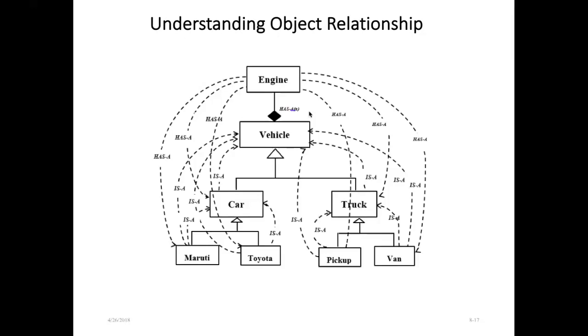Look at the sequence. Try to understand from bottom to up. A Maruti is a car is a vehicle, so a Maruti is a vehicle. Toyota is a car is a vehicle, so Toyota is a vehicle. And since all vehicles have an engine, a Toyota has an engine, a Maruti has an engine, a pickup has an engine, a van has an engine.